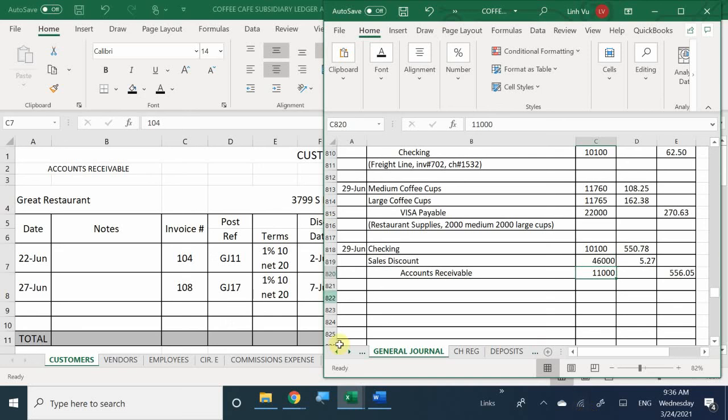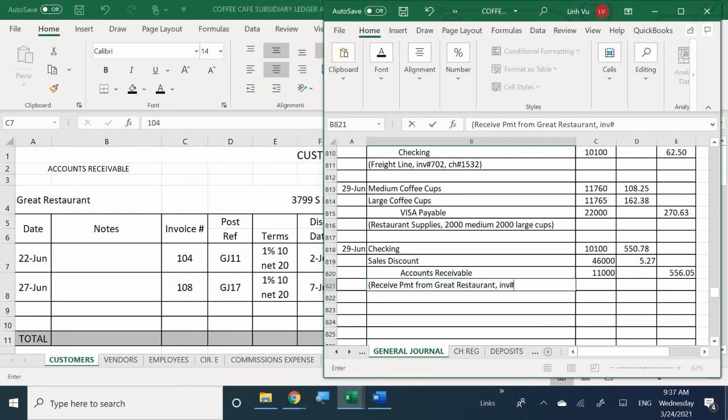All right. So now what am I gonna write in my description here? Receive payment from Great Restaurant. Invoice number. No, I'm sorry. From. That's right.